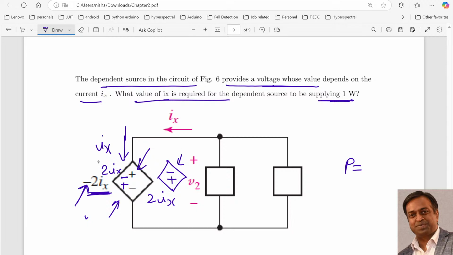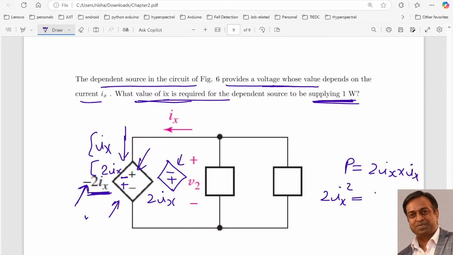So once we put it as 2Ix and the current is Ix, the power 2Ix into Ix is going to be the power supplied, right? So power supplied is 2Ix squared, and now it is asking what should be the value of Ix if power supplied is 1.